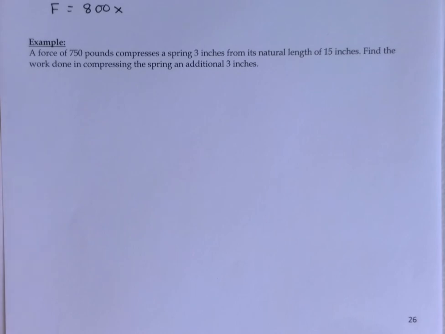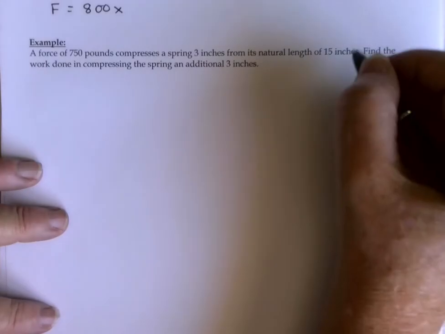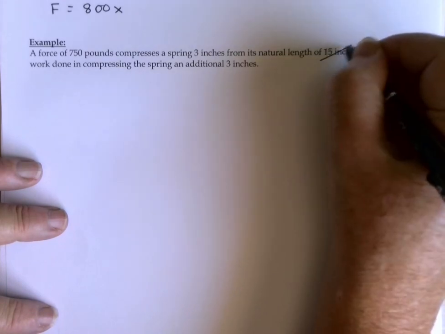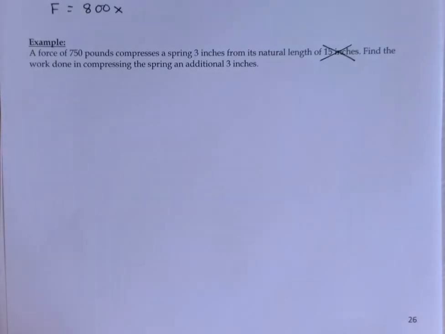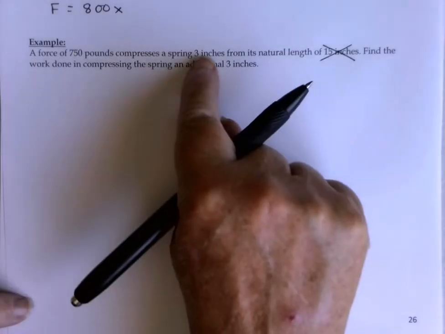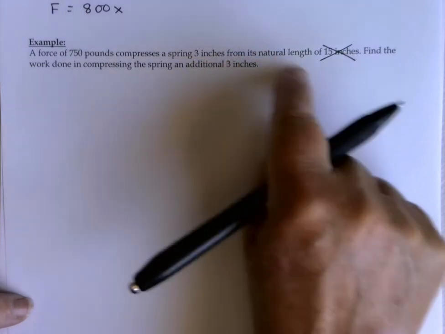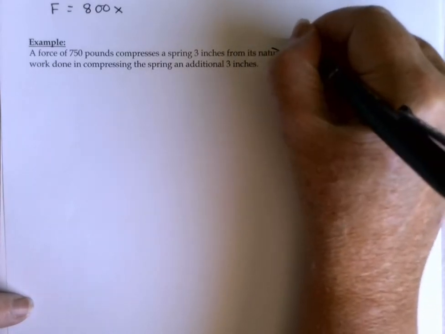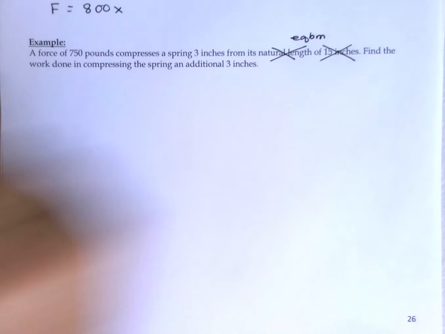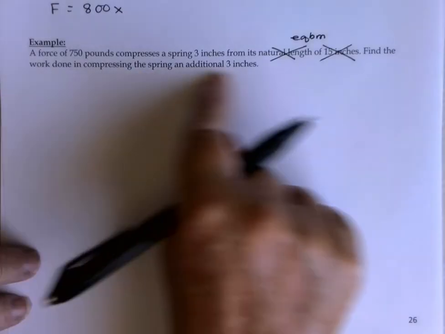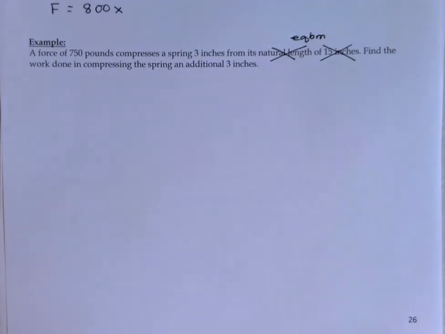It didn't tell me the actual length of the spring, so I don't really even need this information. It's extra. It's true, but I don't really care about it. What I know is a 3-inch compression from equilibrium, and then an additional 3-inch compression from there.